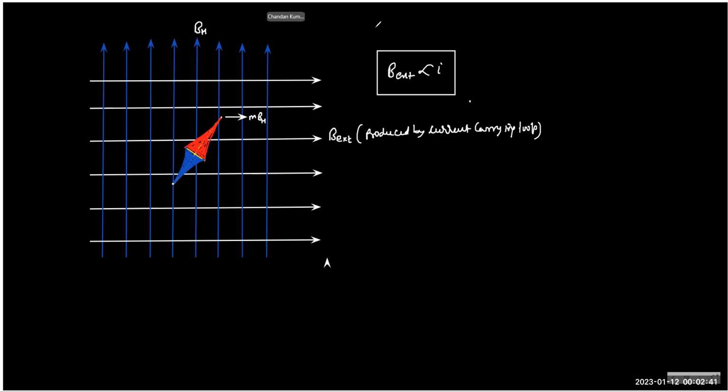Sorry, M times BEXT. And the same North Pole also experiences a force like this. How much? M times BH, right? Is this clear how the force is applied?